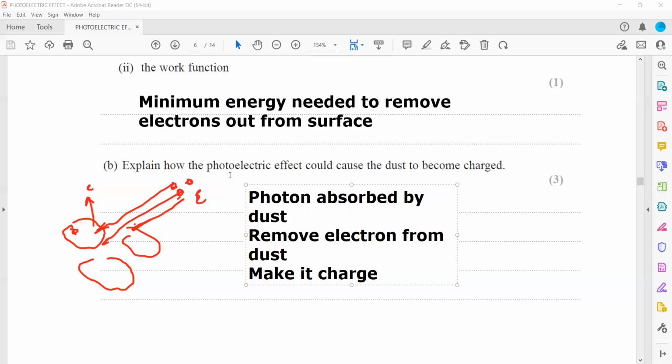Originally it was neutral, but as a result of the loss or gain of electrons, it will become charged. That is what happens: the dust on the moon gets charged and it sticks to the instruments or the suits of astronauts.